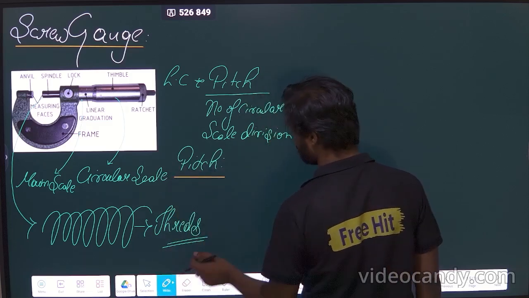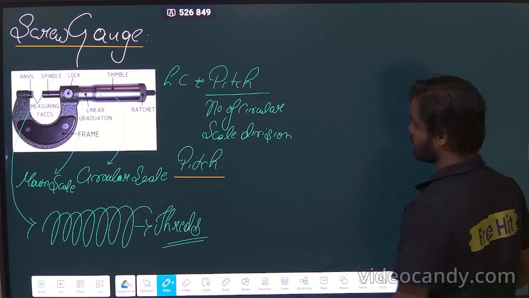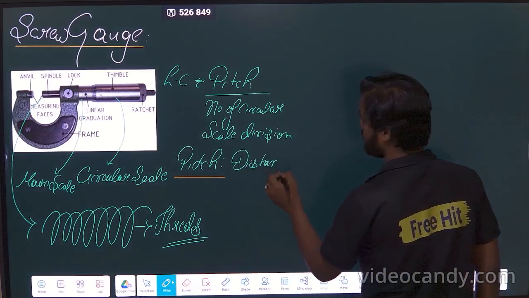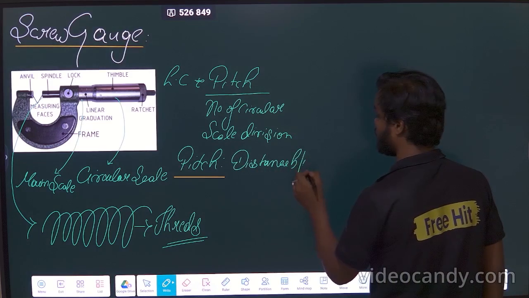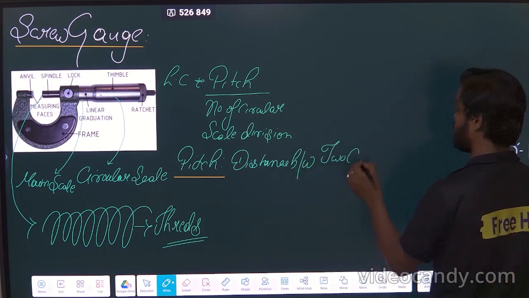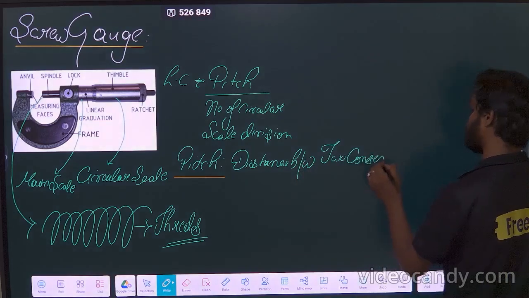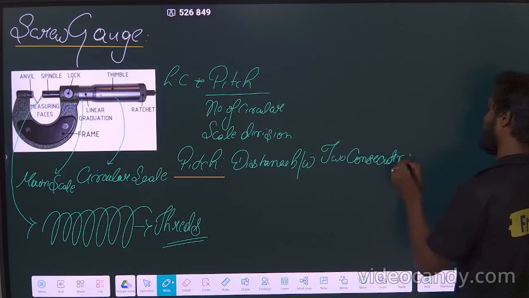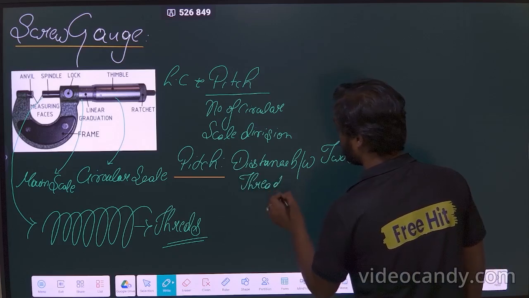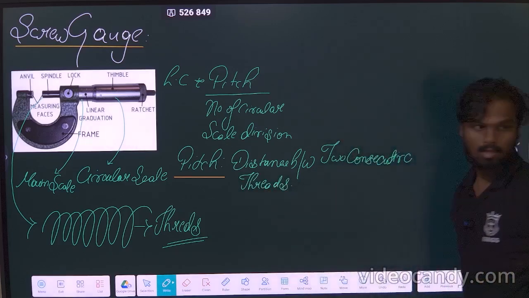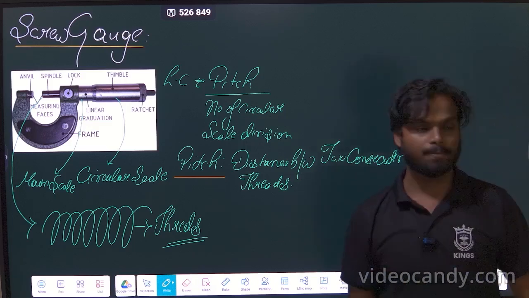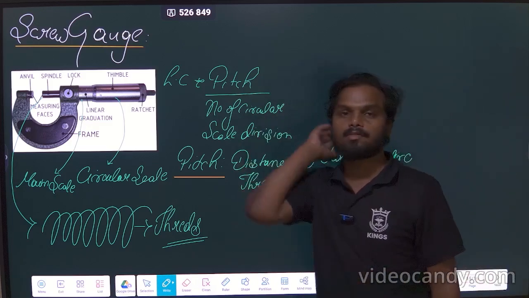The first definition of pitch is the distance between two consecutive threads. The distance between 2 consecutive threads is called the pitch.